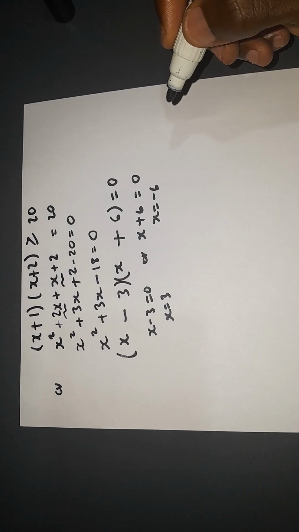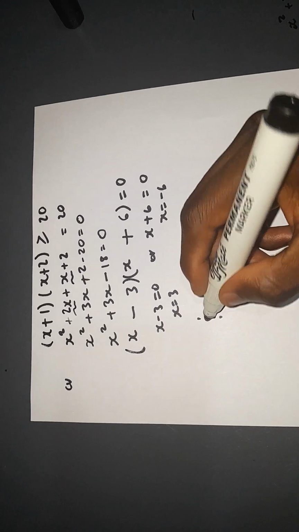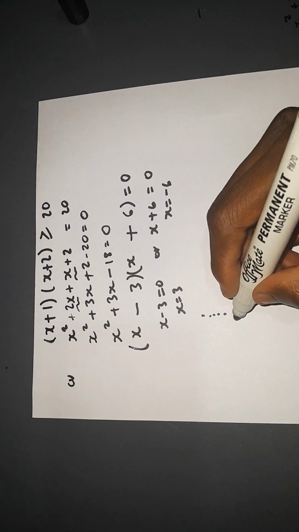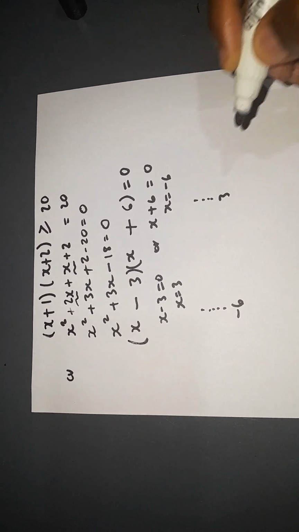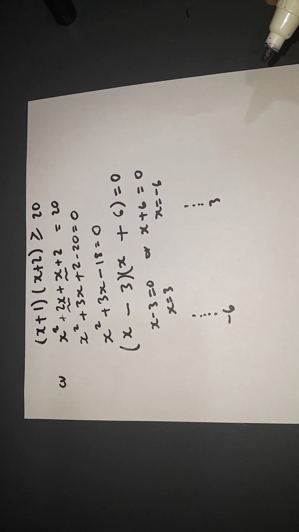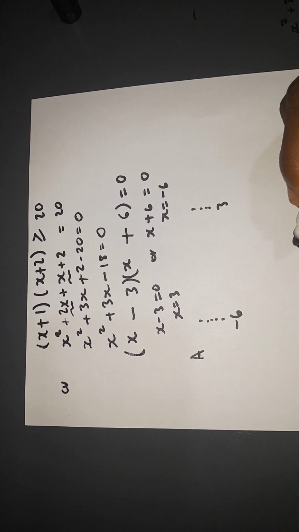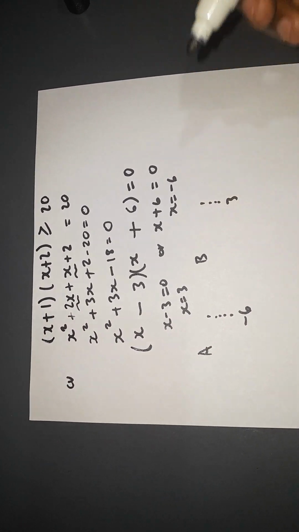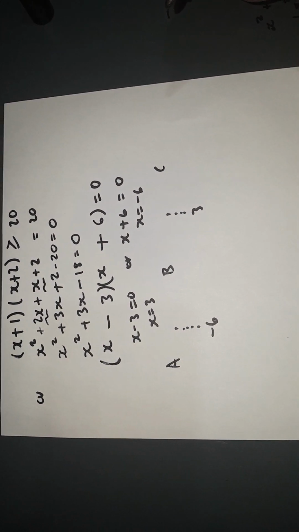Our next step from here is, good, we build the houses now. So it's negative 6, it's 3 according to the number line, and it's Abby's house, Bobby's house, Charles' house.